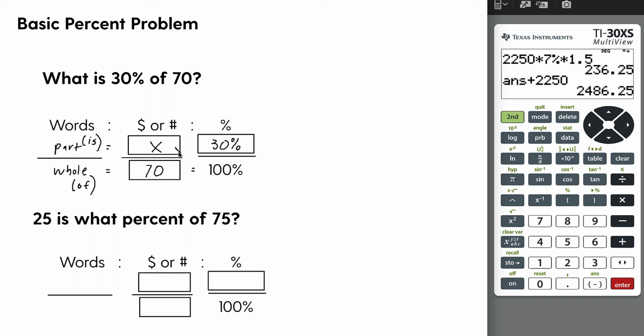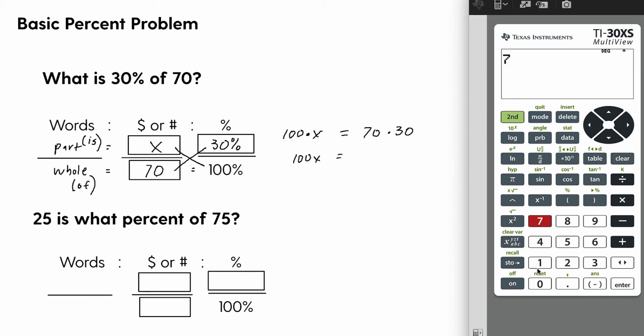So we're going to cross multiply here, 100 times x, and then we'll multiply here 70 times 30, so equals 70. I'm doing a dot for the multiplication, and you just leave it at 30. You don't have to add the percent. So this becomes 100x. Okay, this is going to be 2100, but let's just prove it to you. 70 times 30, 2100.